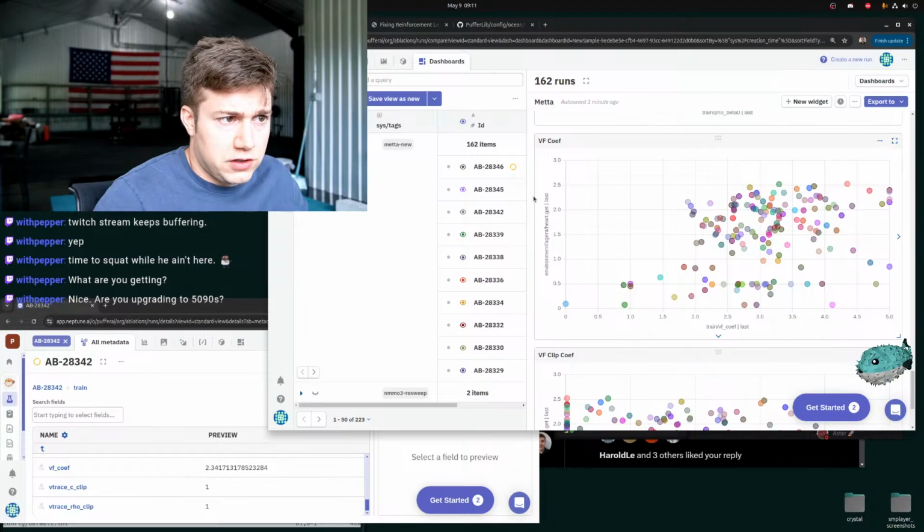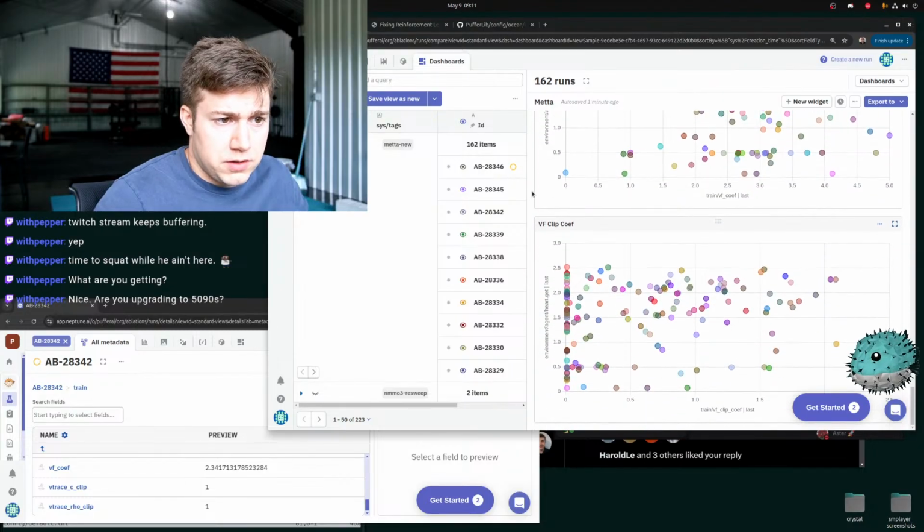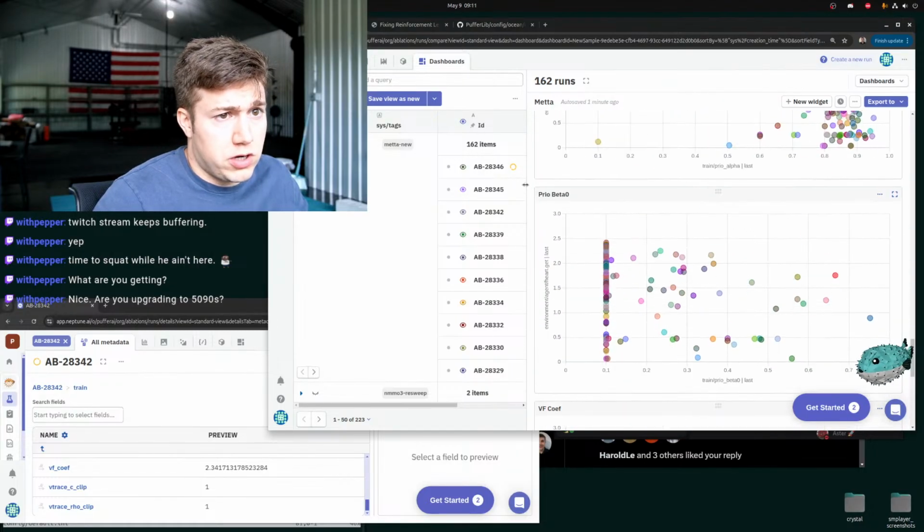Value function coefficient needs to be bumped way up. But clip coefficient doesn't matter. Okay, cool.